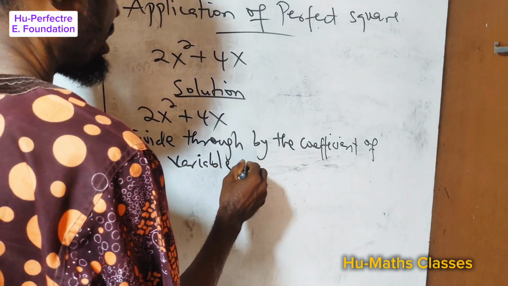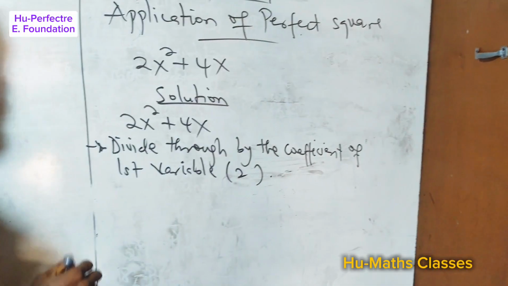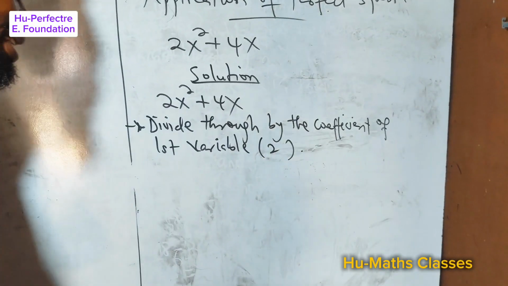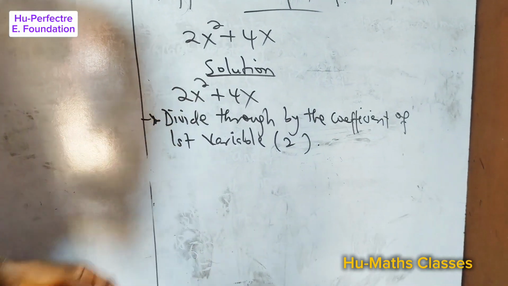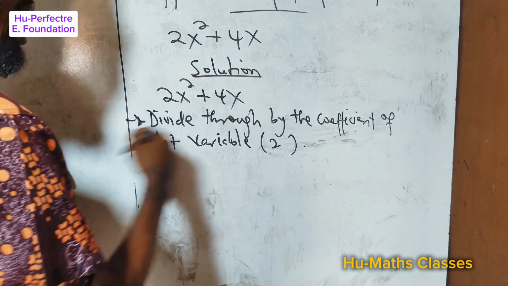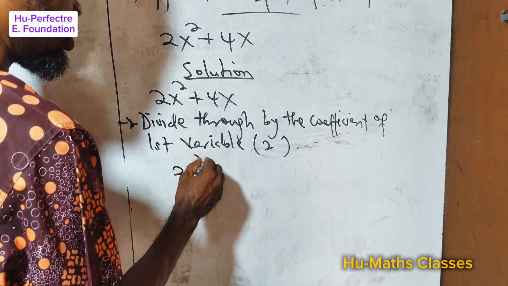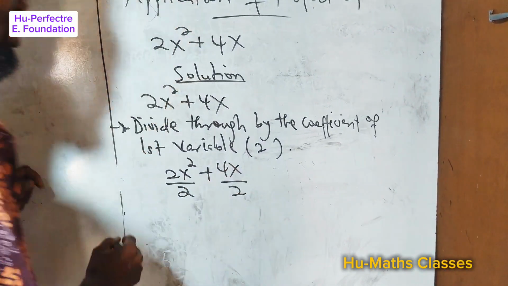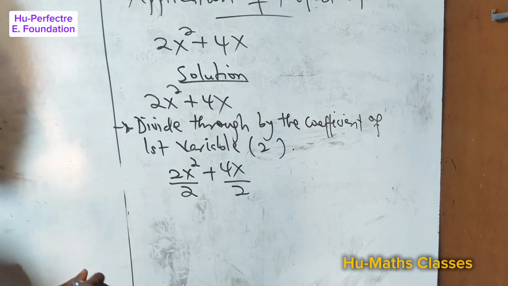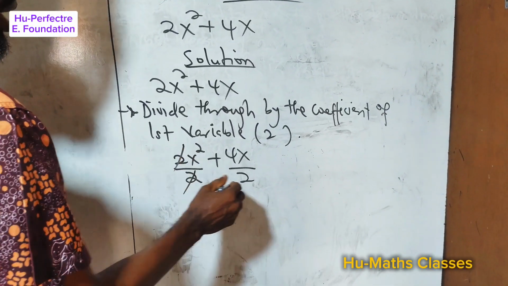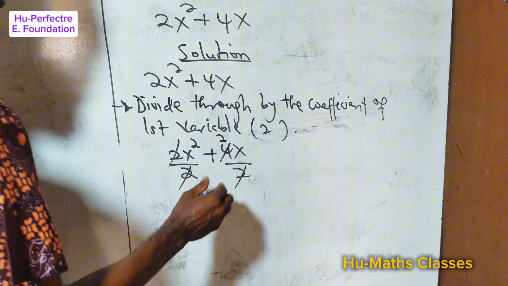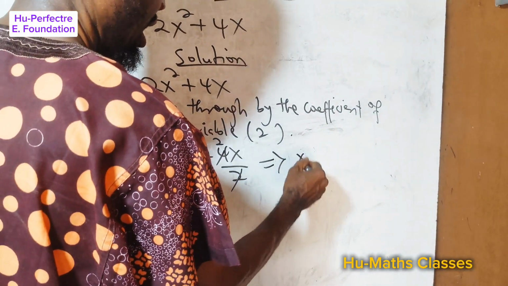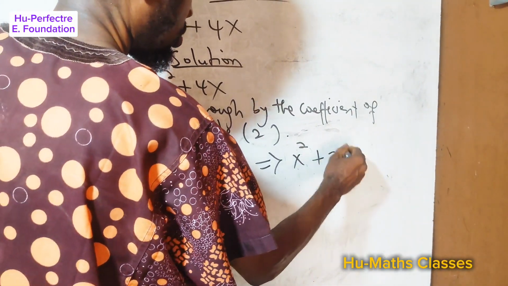And that coefficient is 2. Remember, a coefficient is a number attached to a letter or a variable by times. So I'm going to divide through by 2. I will have 2x to the power 2 plus 4x, all divided by 2. I will divide everything by 2. So 2 cancels 2, and 2 cancels 4, leaving 2. What we have left is x raised to the power 2 plus 2x.